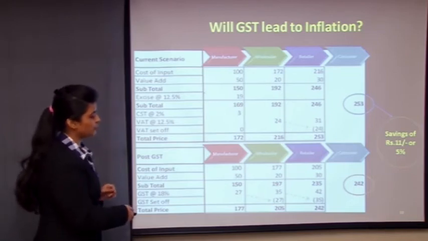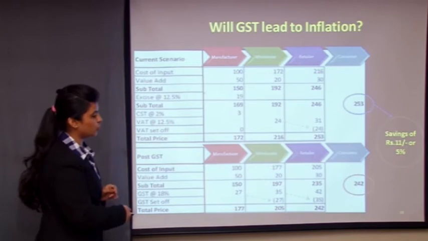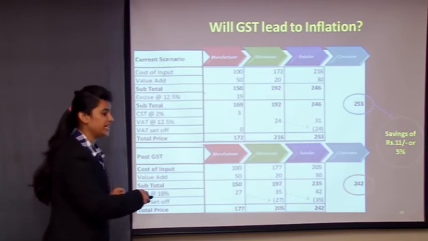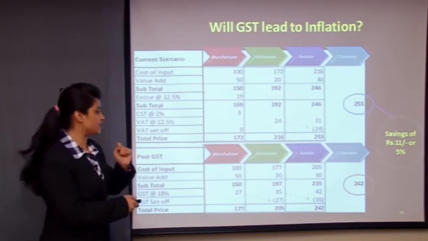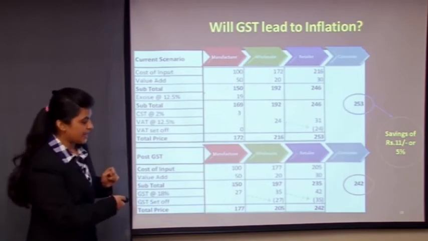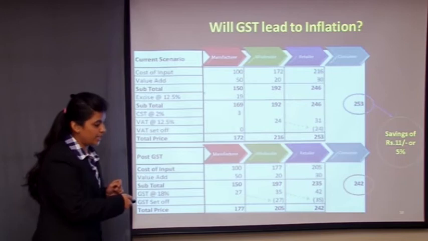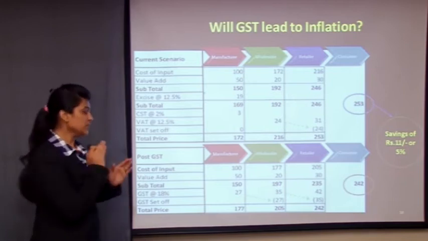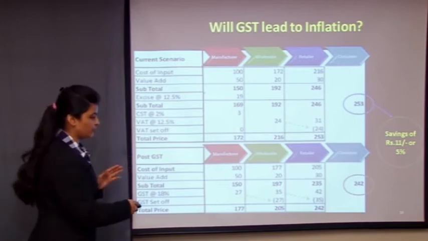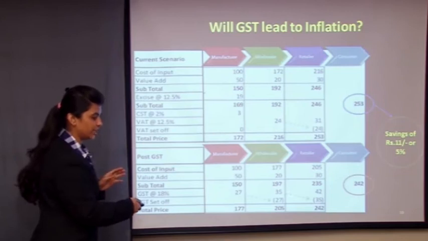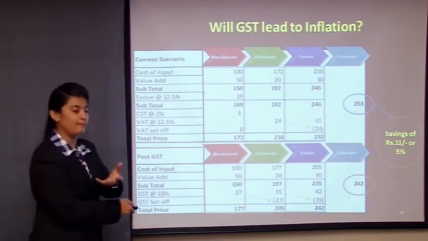Similarly, when 205 is the total cost, the wholesaler is selling his goods to the retailer. The retailer is also adding his profit, which is 30 rupees, and the total comes to 235. The total tax which he has to pay is 42. Now, similarly, as I told you before, he is taking the credit of 35 which the wholesaler has already paid.